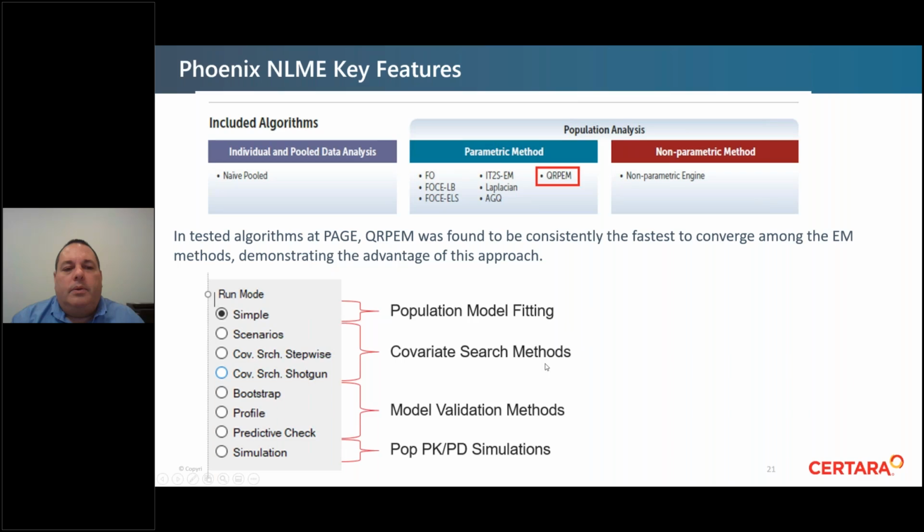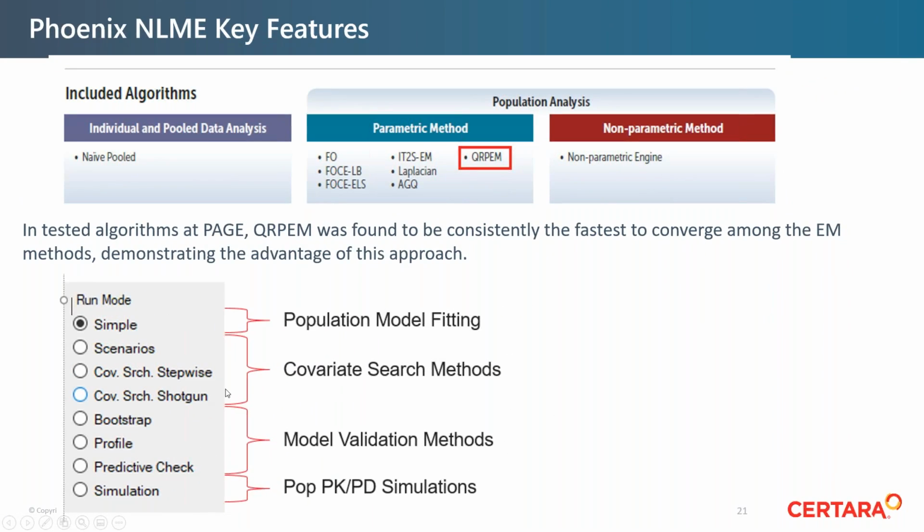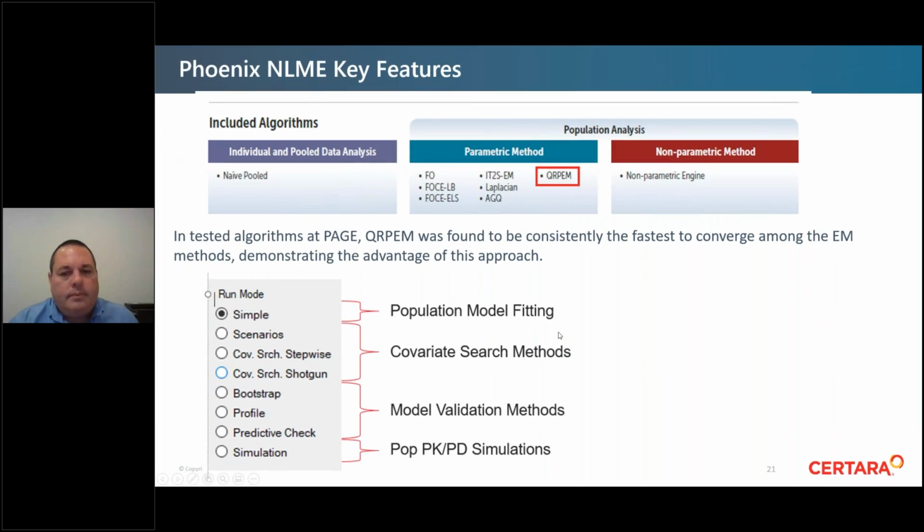There are covariate search methods available, such as the stepwise approach that can be conducted in either the forward or backward direction. A shotgun approach, if you have a large number of covariates and you just want to look at large numbers of combinations of them, is available, as well as scenarios where you handpick different covariates and include them in a model fitting scenario.